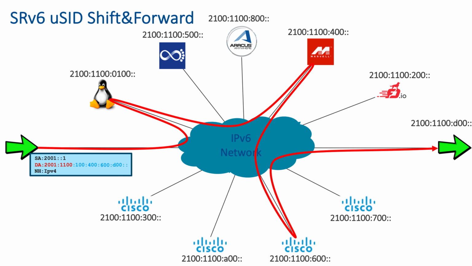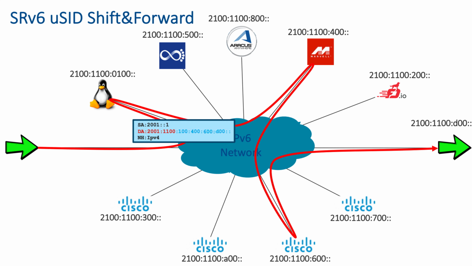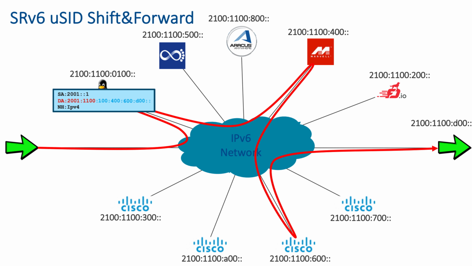Ingress VPP will send such a packet into IPv6 network, and based on known reachability of 2001:1100:100/48, it is delivered to Linux. Linux then performs UN function, which actually changes destination IP address on the packet by removing value 100 and shifting all remaining microsids by 16 bits.